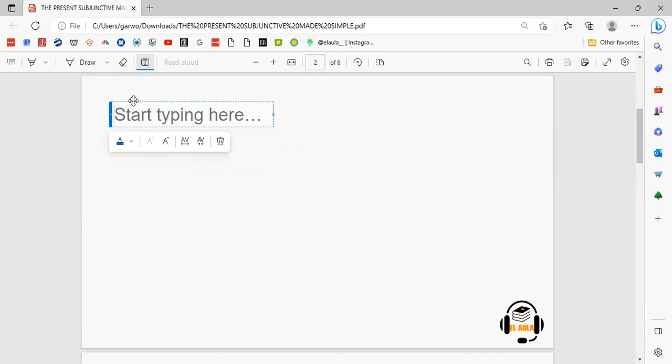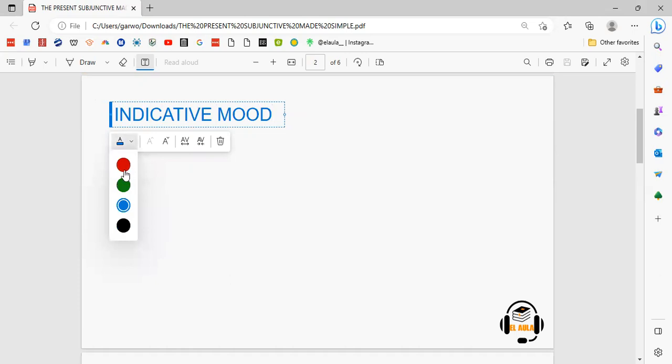All right. Now, before we get into the technicalities of the present subjunctive mood, we're going to do a bit of recap on the mood that we are more familiar with. And this mood is called the indicative mood.